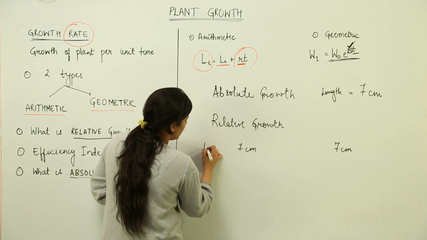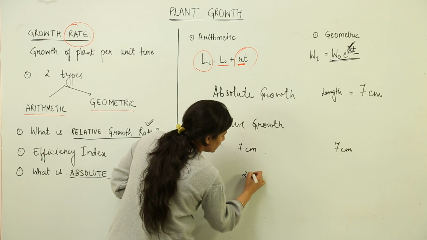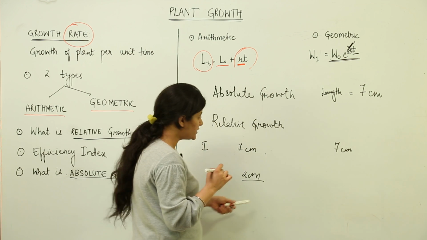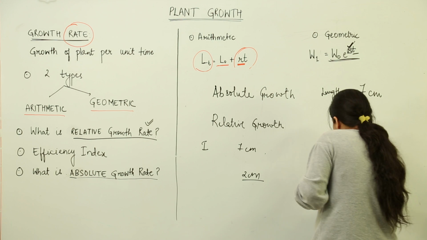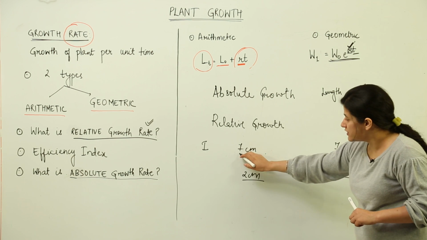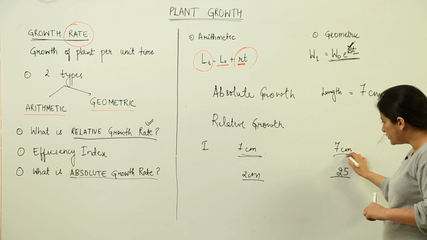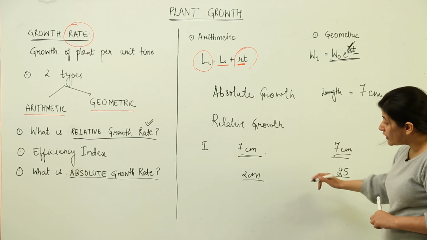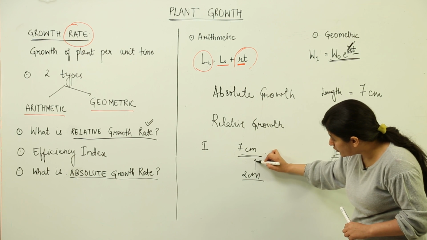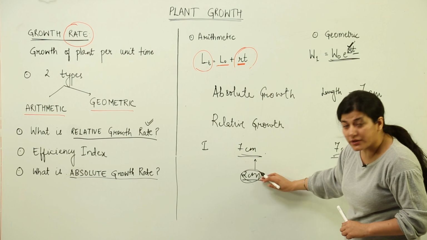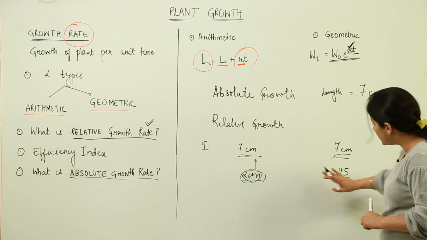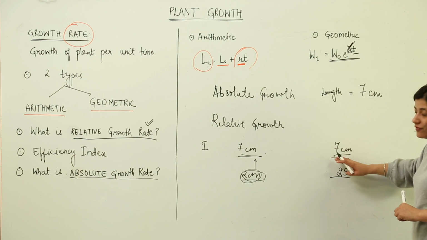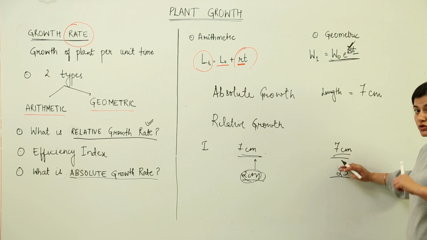The plant number 1 was 2 centimeters in height, and this plant was 25 centimeters. In the same time, they have achieved the same growth. That means the absolute growth happens to be similar, but because this has shown a lot of growth owing to its initial size, that is, the initial length was 2 centimeters and this had 25 centimeters, even if it has increased 7 centimeters, it would not appear much.